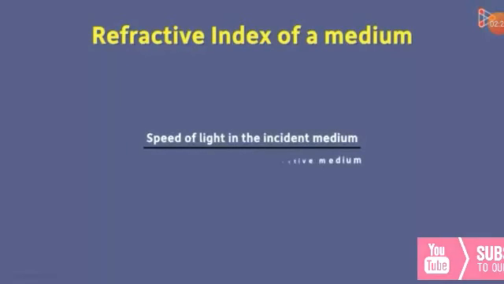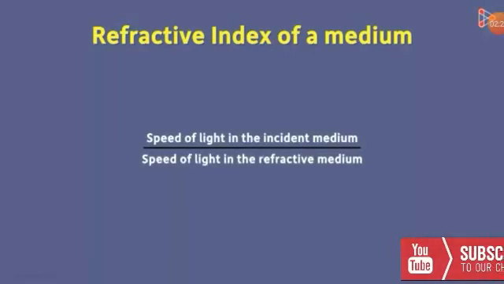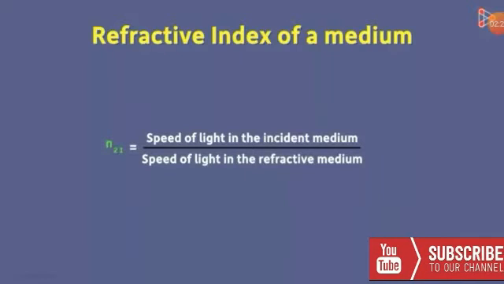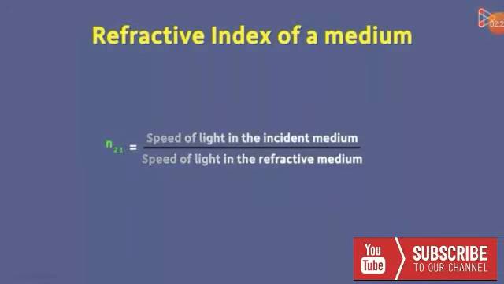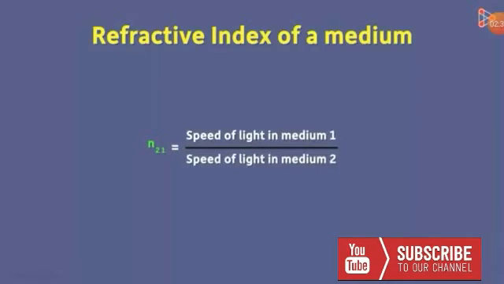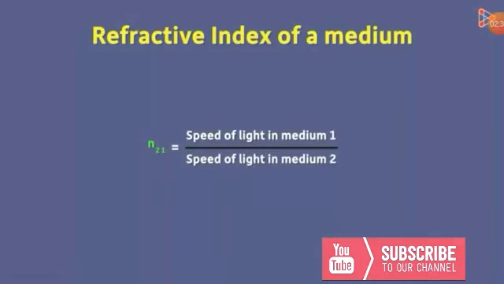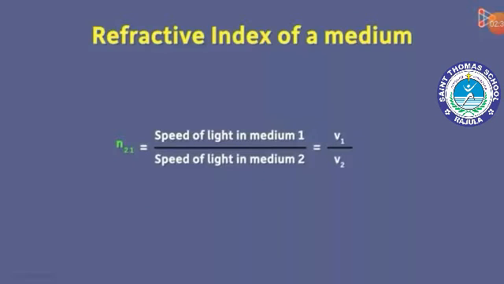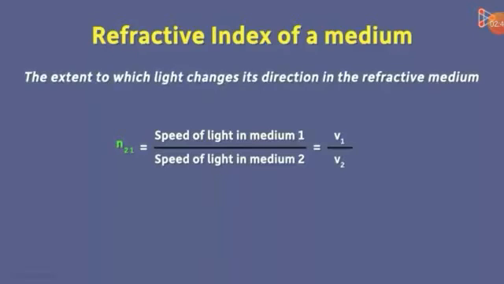The ratio of the speed of light in the incident medium to the speed of light in the refractive medium is known as Snell's law. It means n2 with respect to 1. It is also denoted by v1 upon v2. It means the refractive index of medium 2 with respect to medium 1.